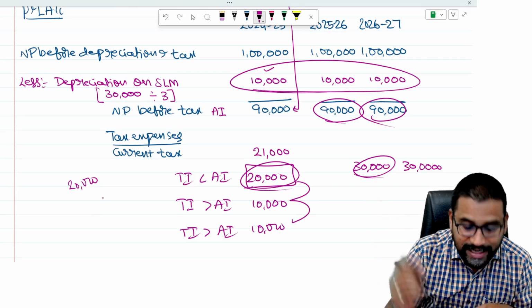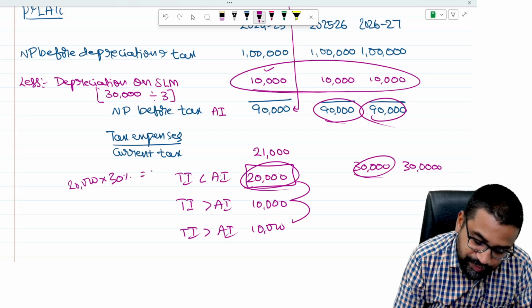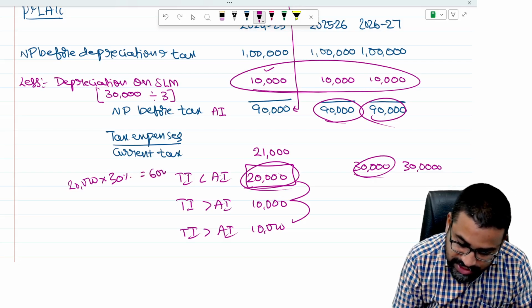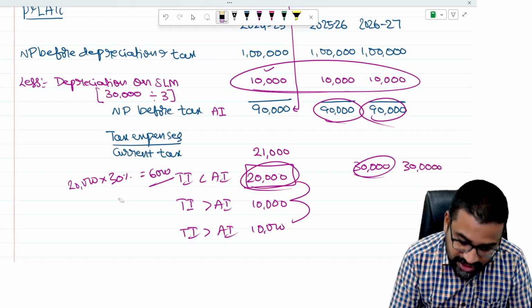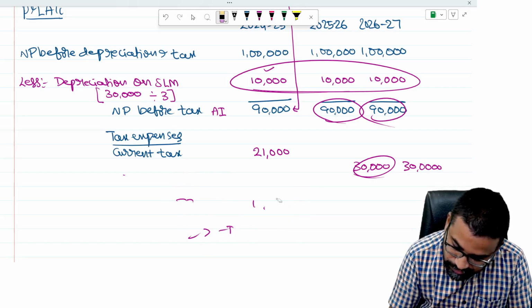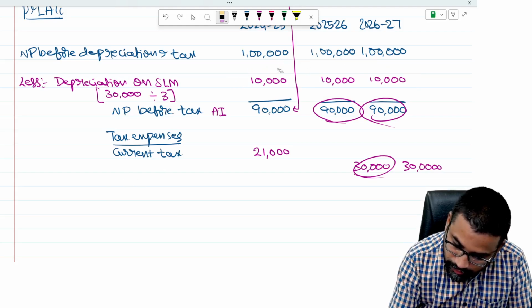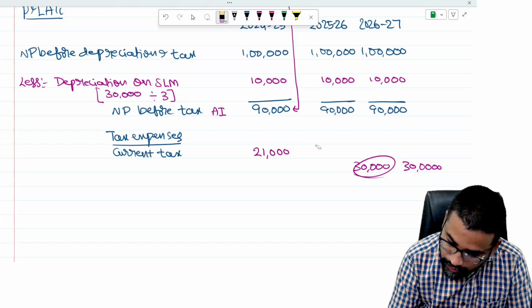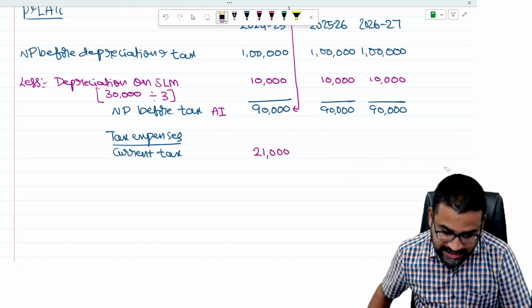Save now, pay later. Therefore, 20,000 into 30%. How much? 6,000 is what? Deferred tax liability. So therefore, what I will do is, I will identify the difference between accounting income and taxable income.